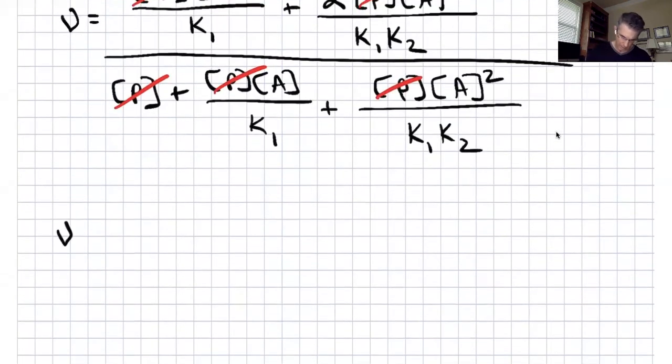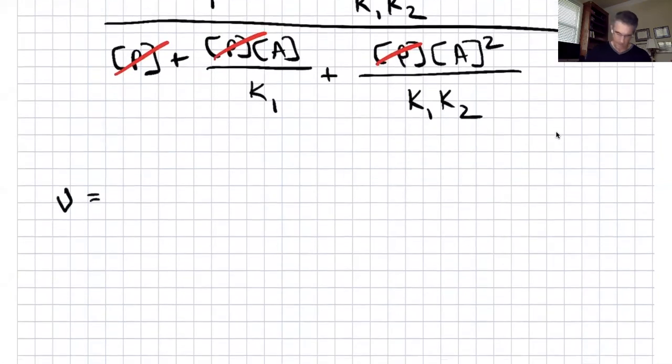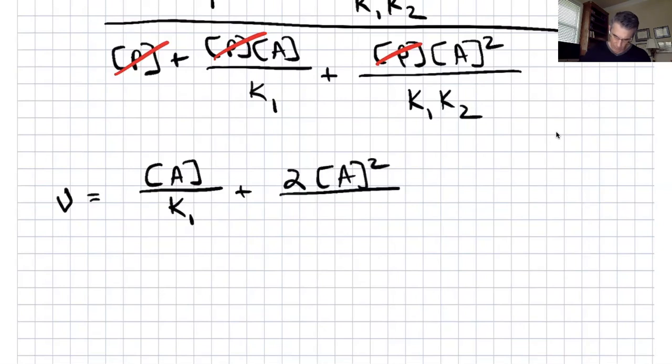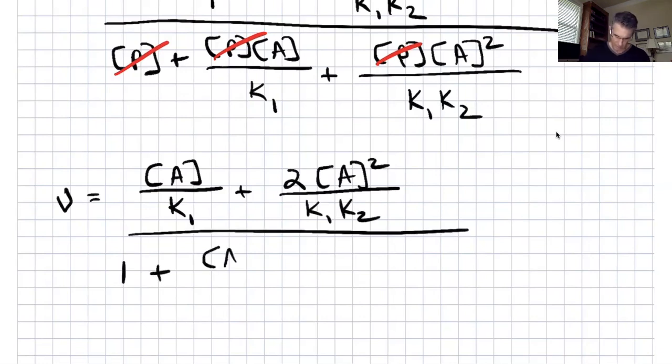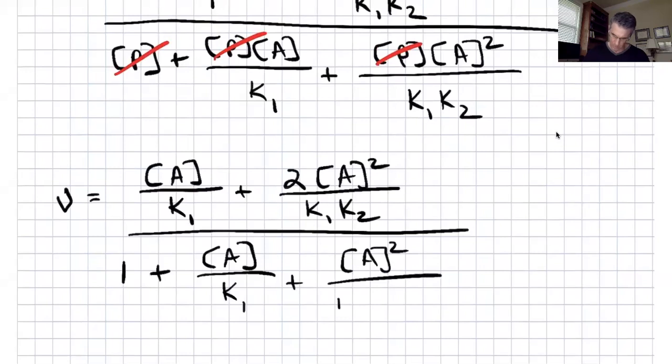Degree of binding now is going to equal the concentration of A divided by K1 plus 2 times the concentration of A squared over K1, K2, divided by 1 plus the concentration of A over K1 plus the concentration of A squared over K1, K2, right?